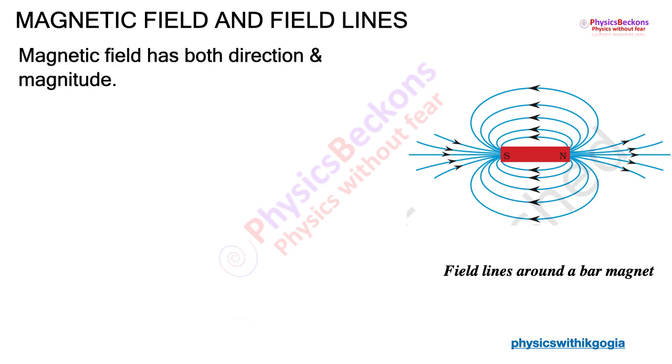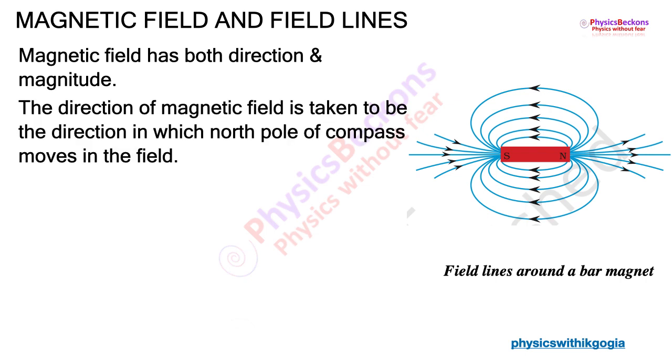The magnetic field has both direction as well as magnitude, that is, it is a vector quantity. We will be studying only the qualitative effect. The direction taken by the north pole is the direction of the magnetic field.